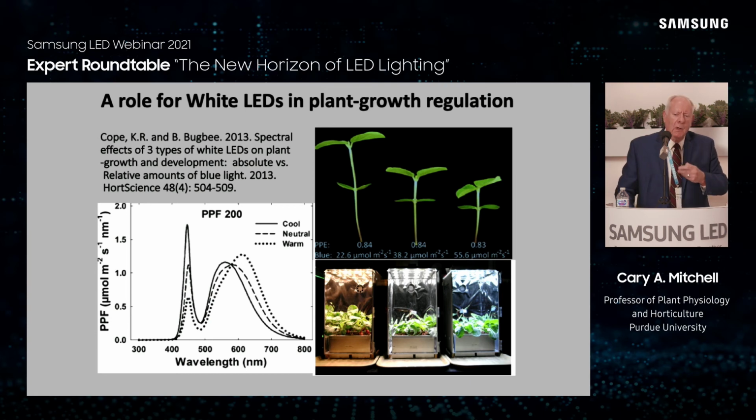They would be the ones in the left compartment. Then you can also see the seedlings in the cotyledonary and also in the first primary leaf stage, going from warm white, neutral white, down to cool white. So a real dramatic demonstration of, even within white LEDs, how you can get growth regulation.